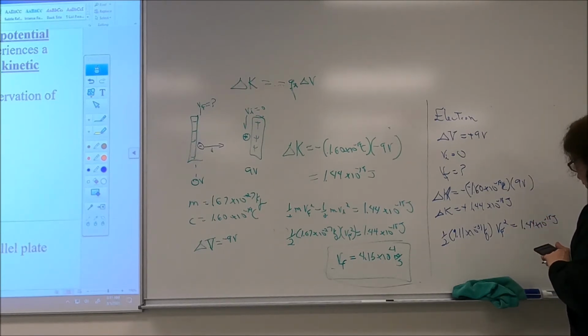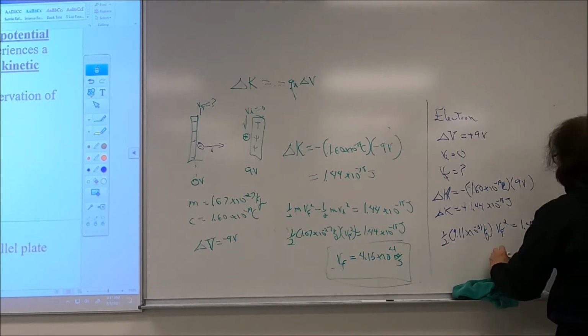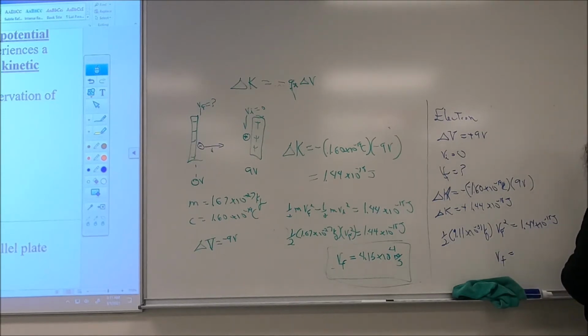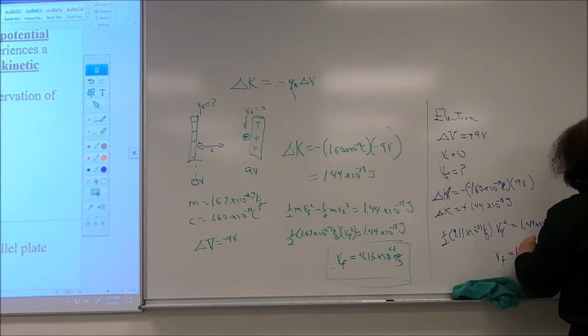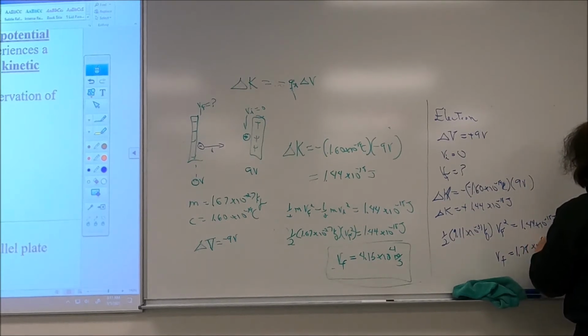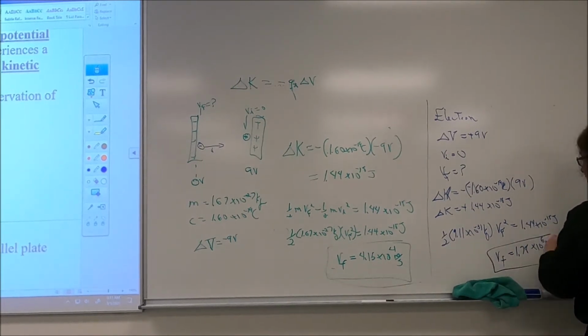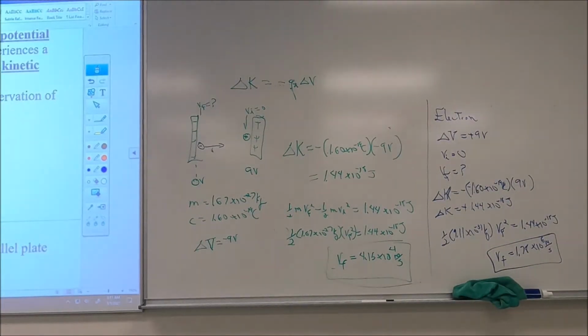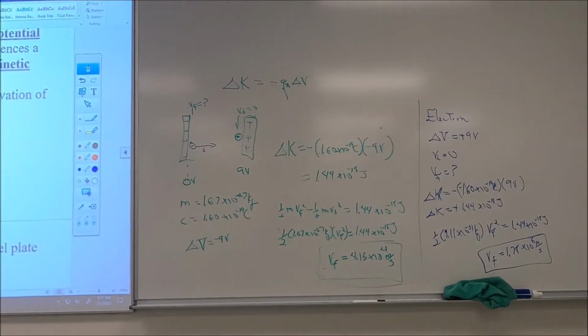So 1.44 EXP 18 negative times 2 divided by 9.11 EXP 31 negative, take the square root. I get v final for the electron to be 1.78 times 10 to the 6th meters per second. Okay, make sure that you can see that.